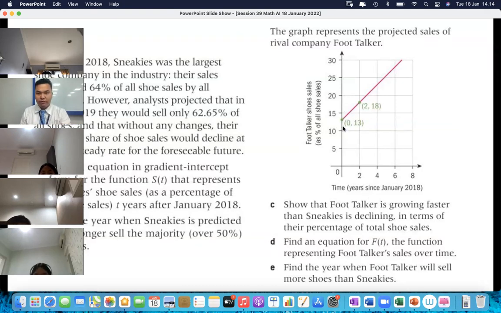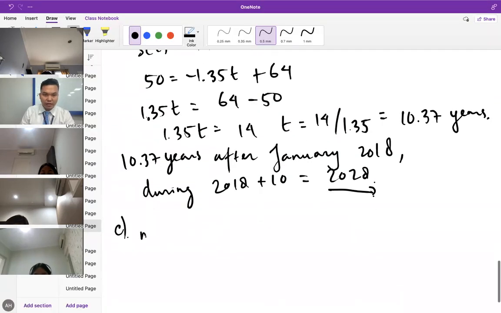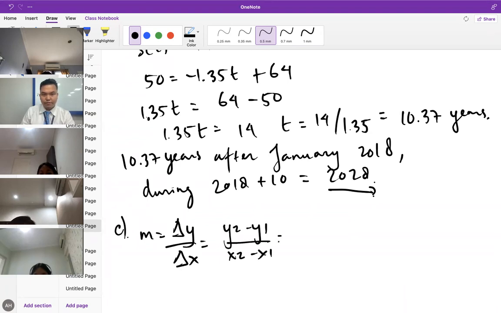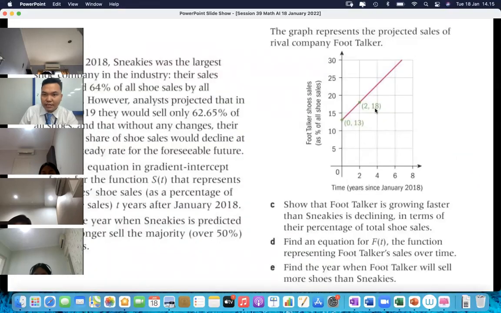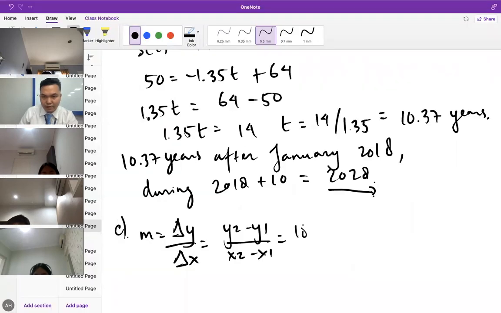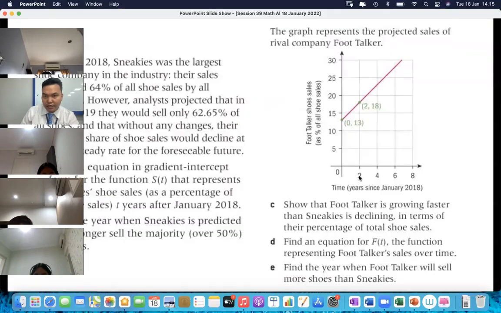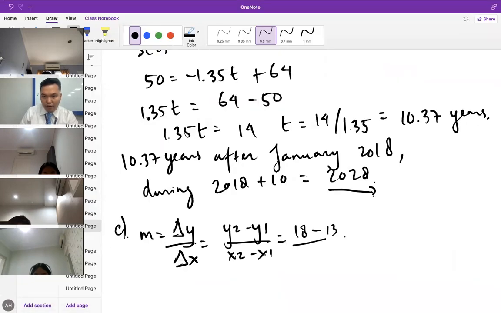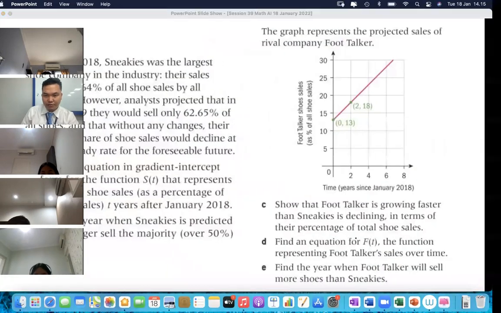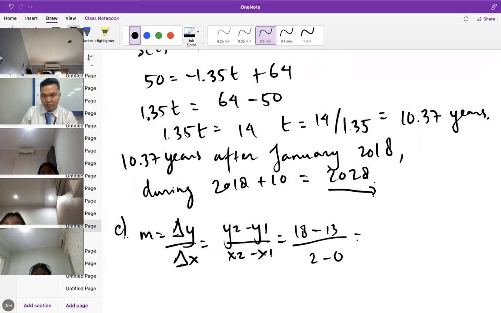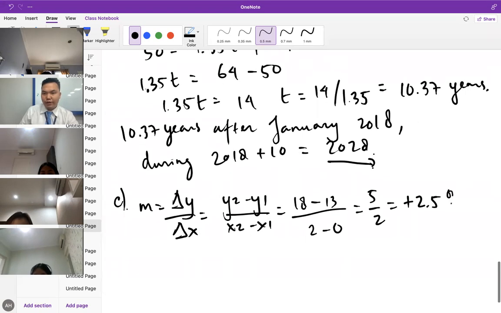Now, how do we know? Just using the formula. Your y2 is 18, minus your y1 which is 13, over the scale of 2 years, 2 minus 0, which is equal to 5 over 2, positive 2.5. 2.5% per year.